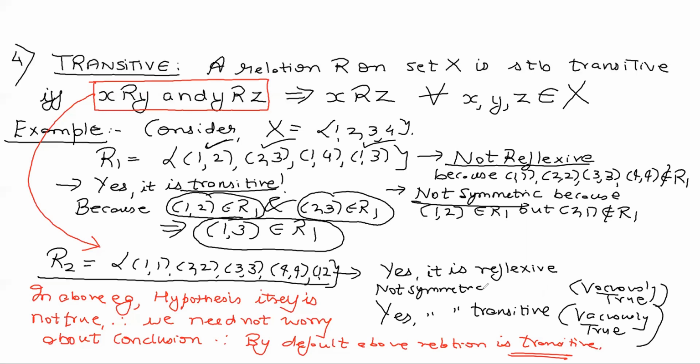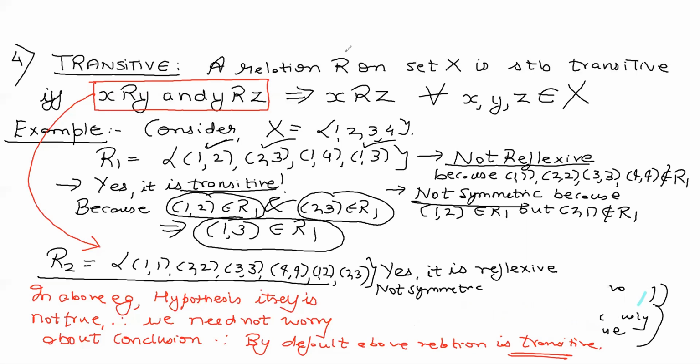And the moment I put one more thing here, suppose I also put (2,3), it will be not transitive.